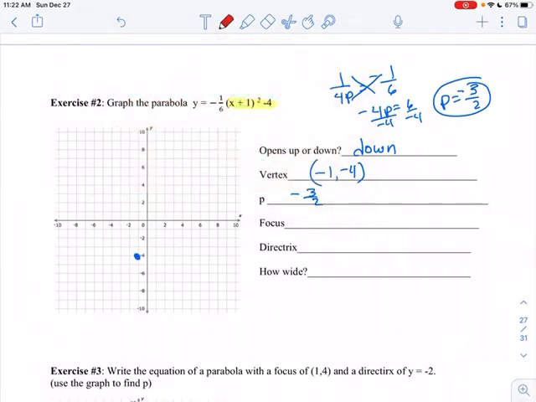Again, I'll do that in red. So my focus is going to be negative 1. The x stays the same, but I am doing negative 1.5. So negative 4 plus negative 1.5 is negative 5.5. So it's going to be down here. It's in between.